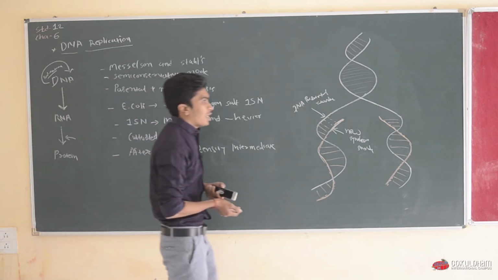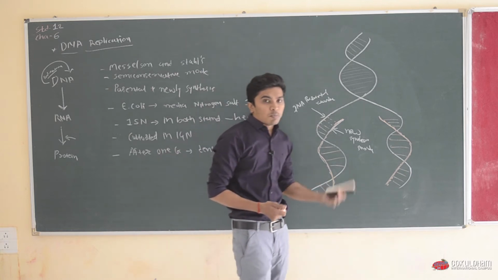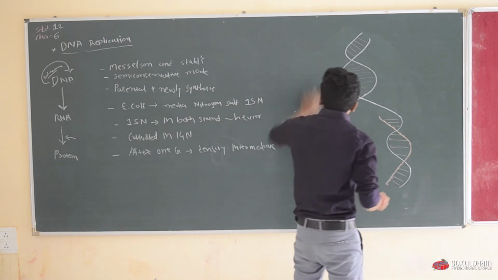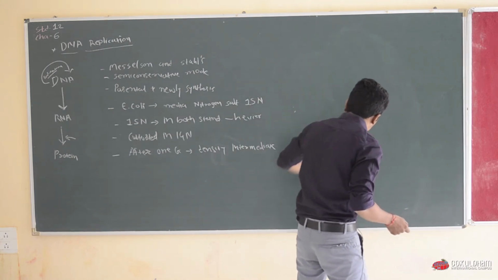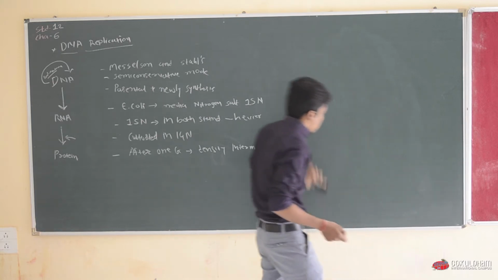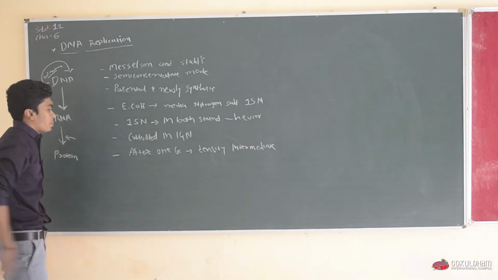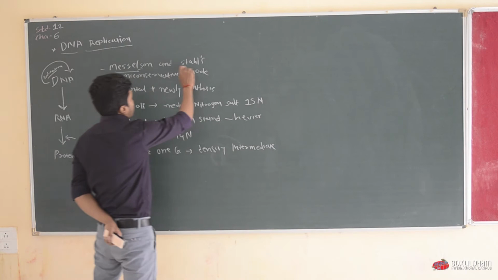Now the question arises: what is the evidence that DNA copies itself in a semi-conservative mode? Two scientists came up with their experiment, and the names of the scientists are Meselson and Stahl.